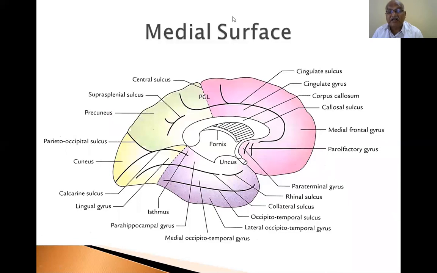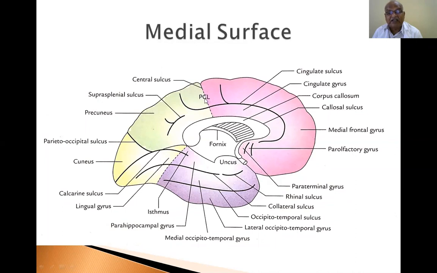Now the cingulate sulcus present on the medial surface extends backwards and projects into the upward region. This is the central sulcus, present in the frontal lobe and the parietal lobe.